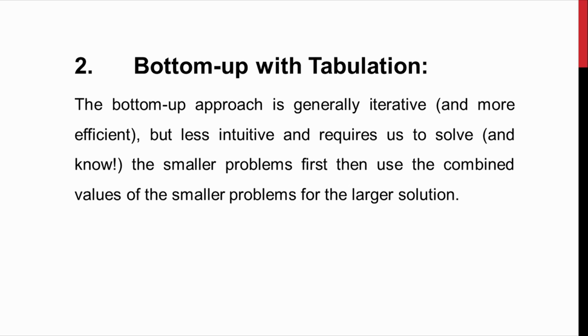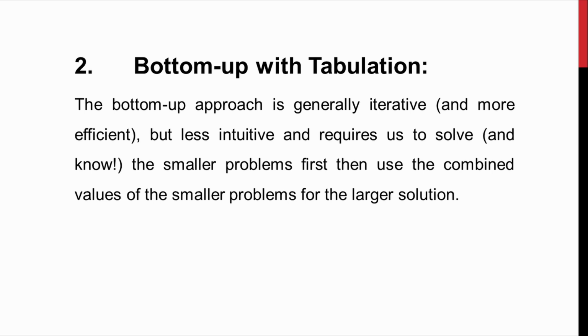The bottom-up approach, or tabulation, is the opposite of the top-down approach and avoids recursion. In this approach, we solve the problem bottom-up by solving all the related subproblems first. This is typically done by filling up an n-dimensional table.